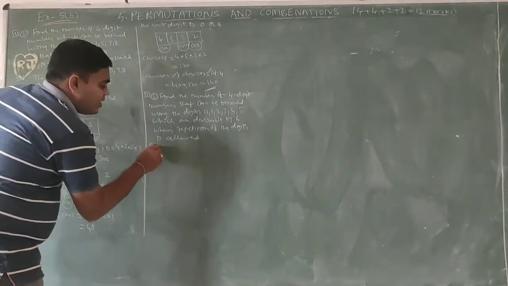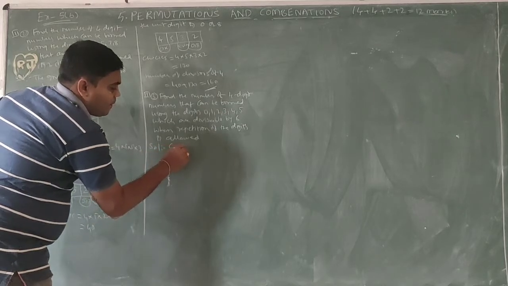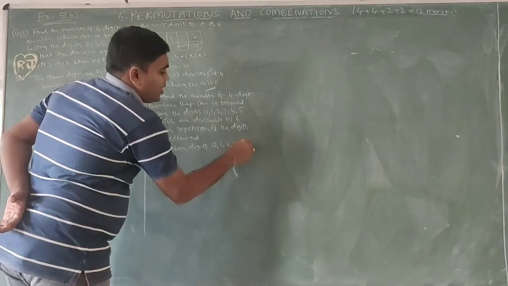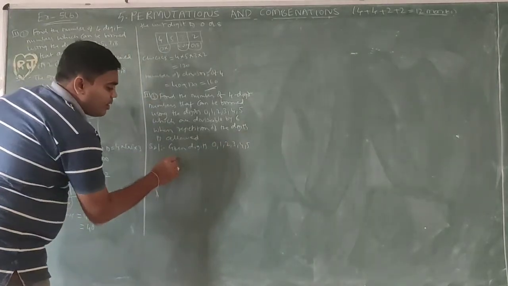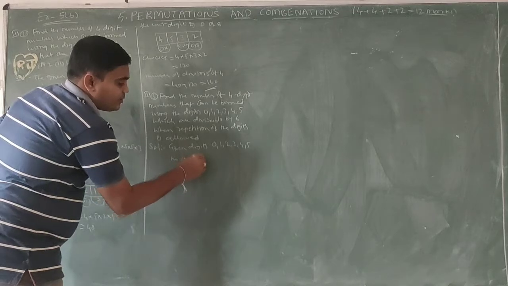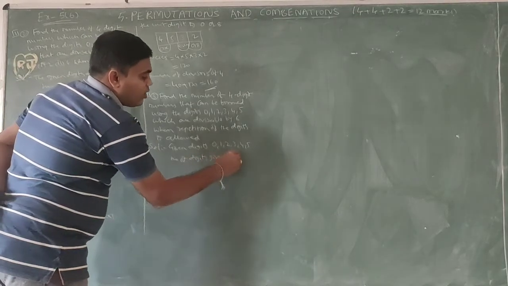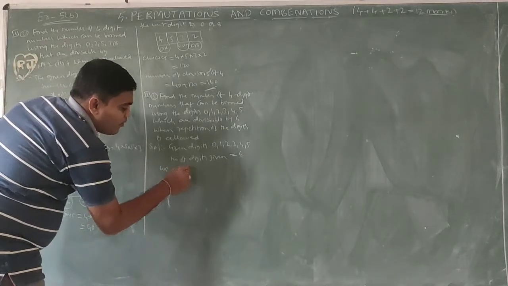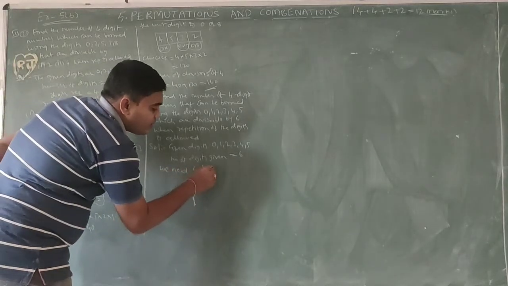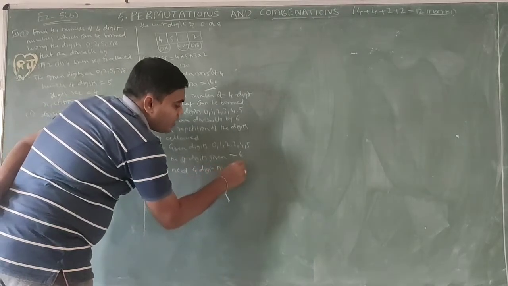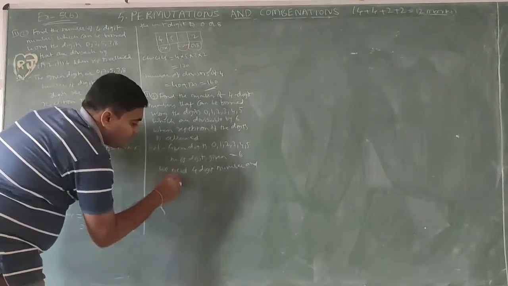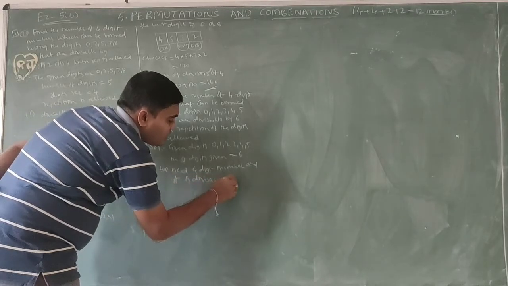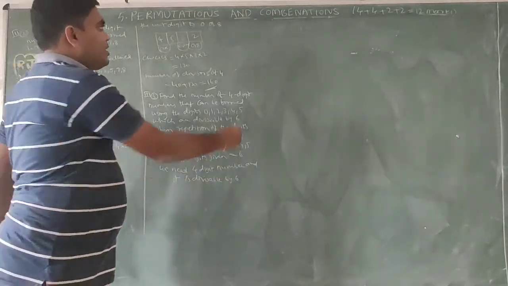Okay, solution. Given digits 0, 1, 2, 3, 4, 5. How many digits are given? Number of digits given equal to 6. We need a 4-digit number, and it is divisible by 6.